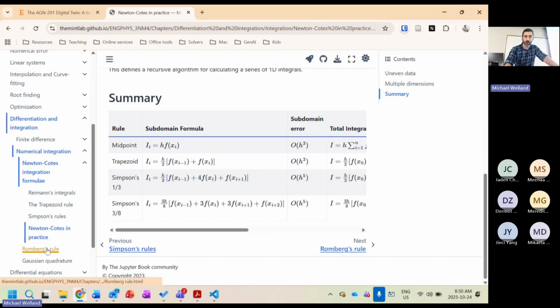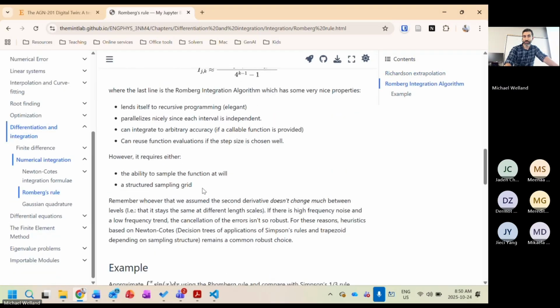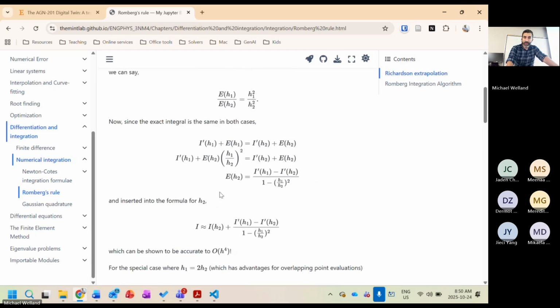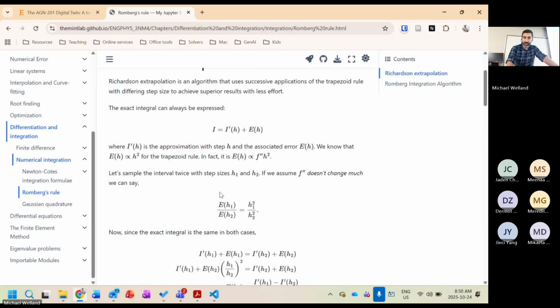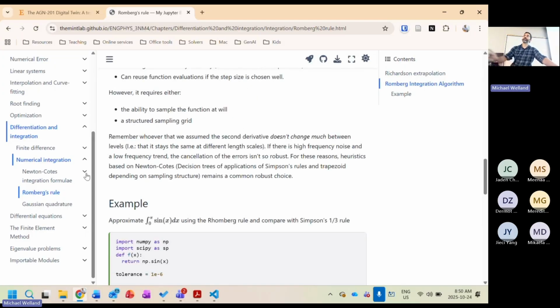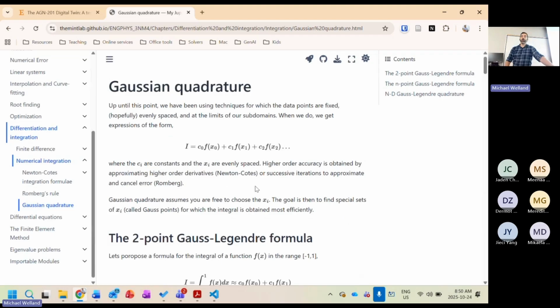Same thing with the Romberg rule. Again, you have that the integral is some weighted fraction of... okay, it doesn't show it explicitly. It comes out to some weighted fraction of the function evaluated at certain points. Previously, up until this point, we were given the sampling points. We were told that this was a structured mesh.